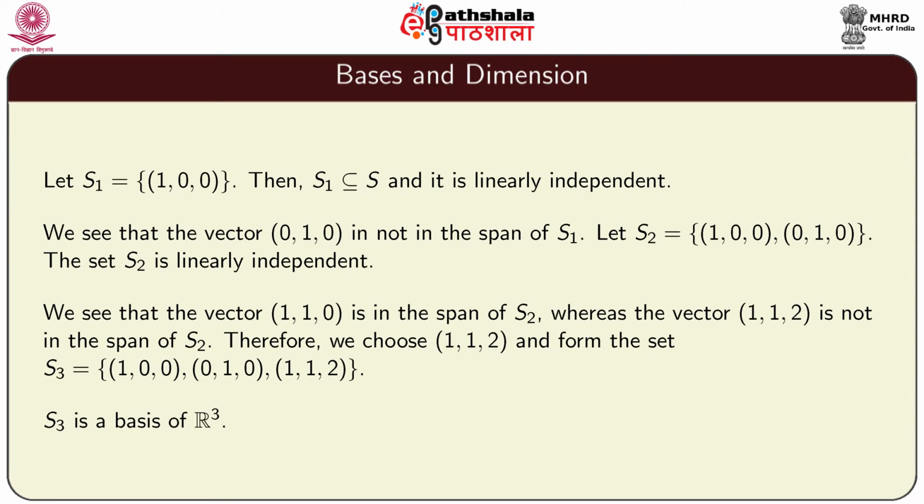Why is that so? Because the only other vector which S has and S3 does not have is the vector (1,1,0), and which is surely in span of S3. Therefore, this is the last stage, that is, the set S3 is a linearly independent set which spans R3, and S3 is a basis of R3.